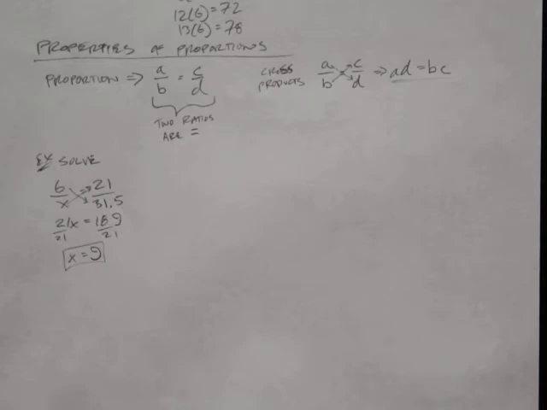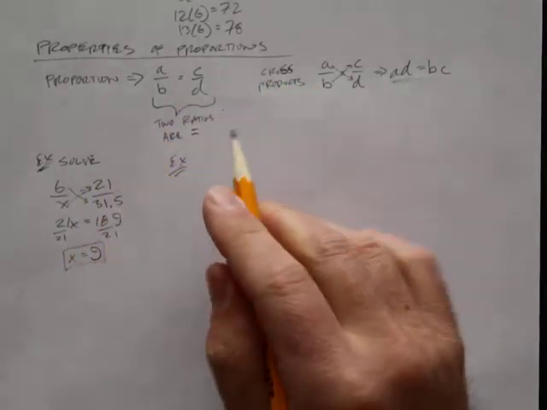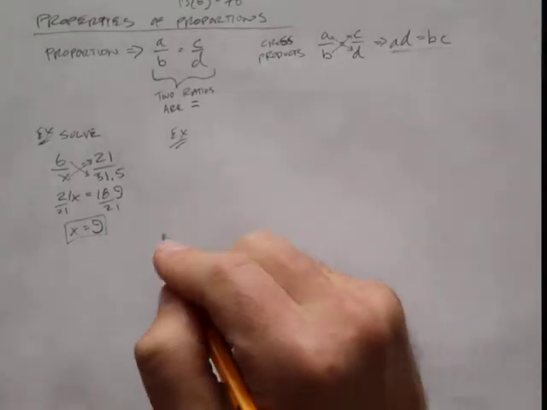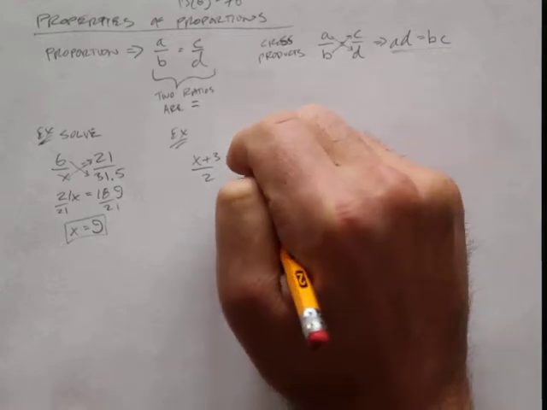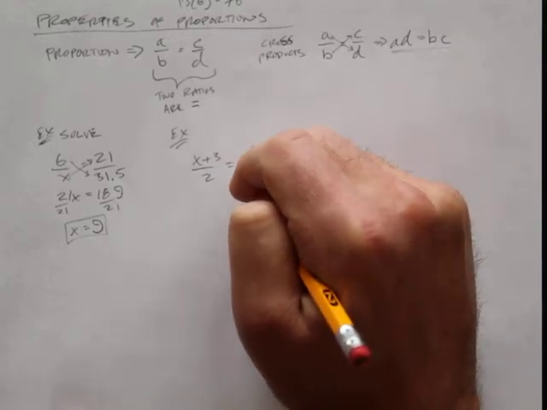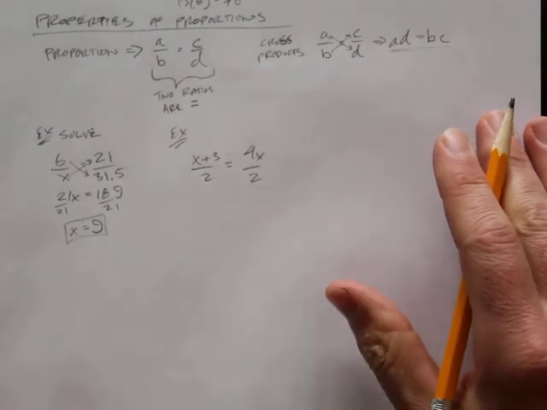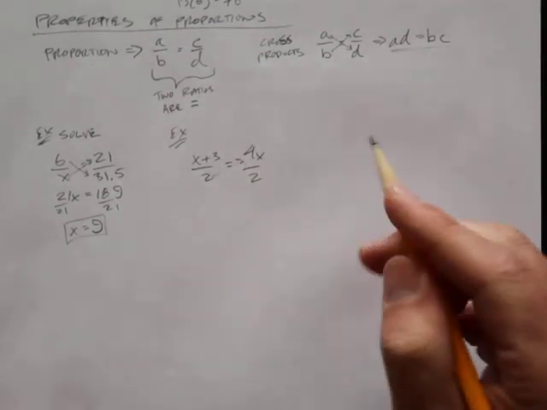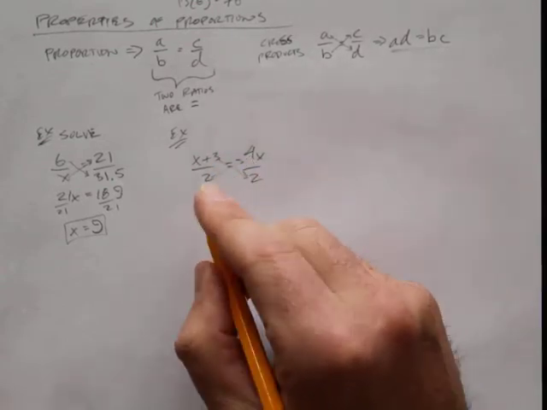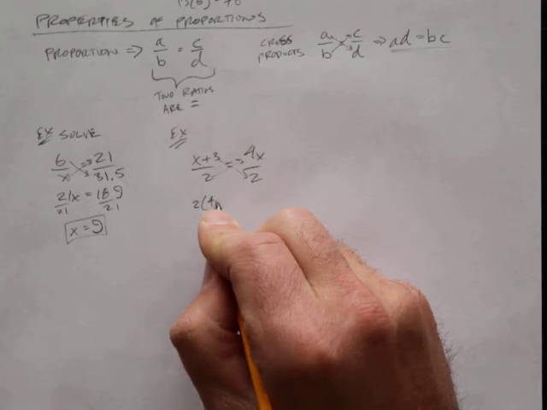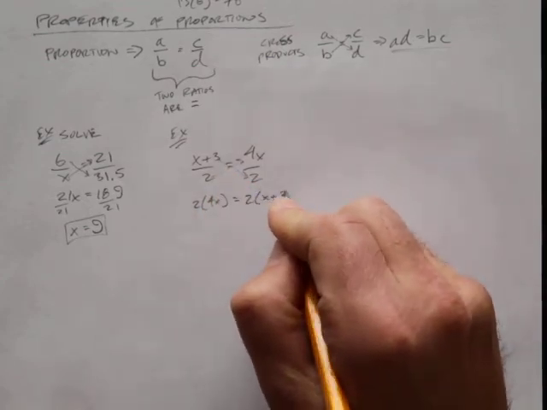All right, let's do another example. We're still solving here, and then I'll have you do a couple of u-tries. Here's x plus 3 over 2 equals 4x over 2. I'm going to use cross products: 2 times 4x equals 2 times x plus 3.